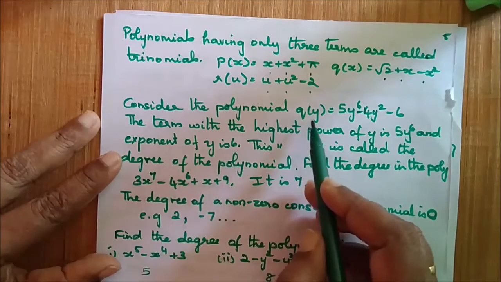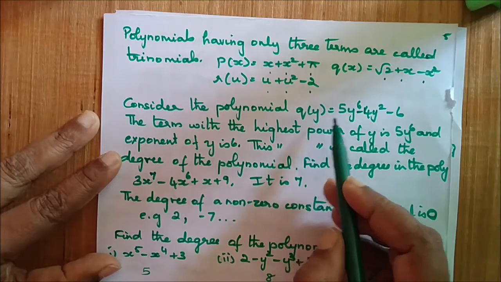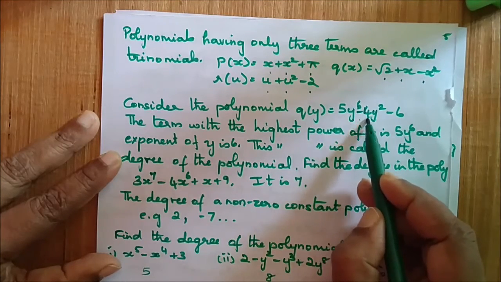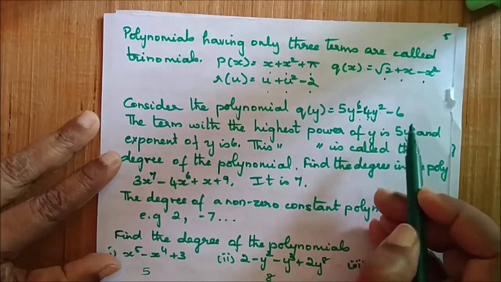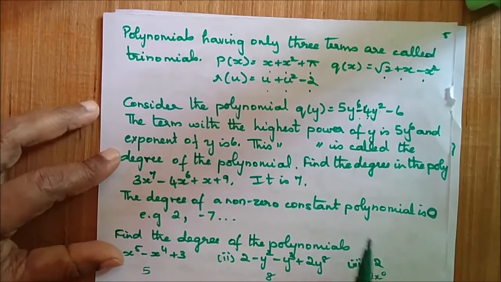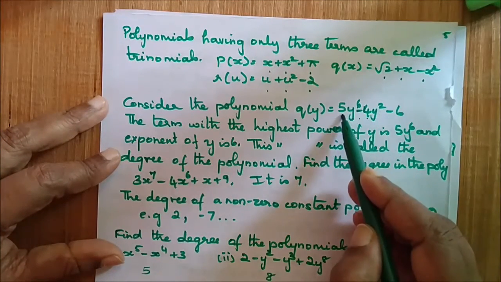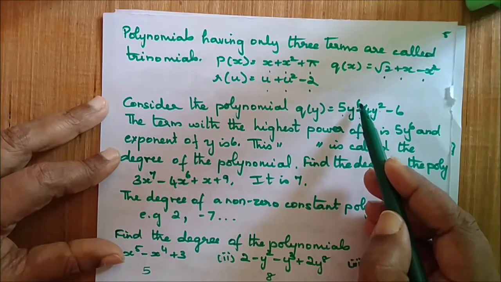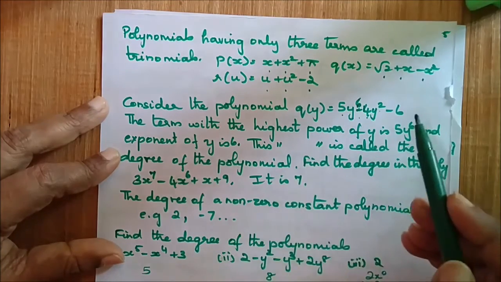Now, consider this polynomial q of y equals 5y to the power 6 minus 4y squared minus 6. What is the highest power? 5y to the power 6 is the term which has the highest power, and what is the power? It is 6.